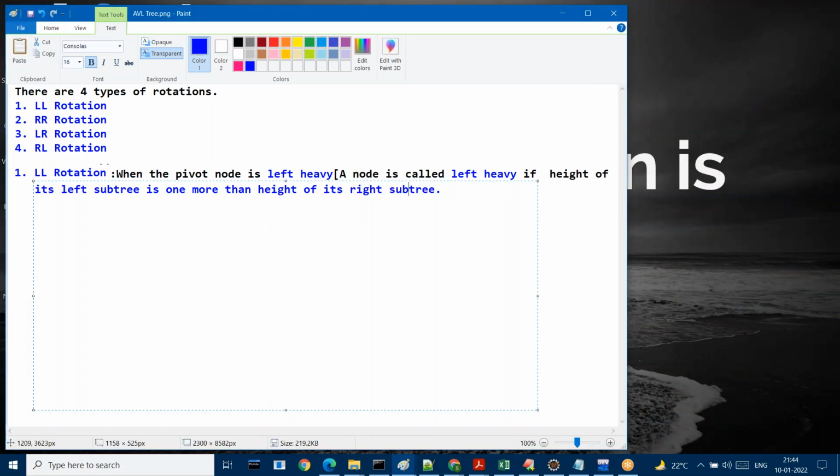That is called left heavy. Simple, sir. Height of its left subtree is one more than height of its right subtree. That is called left heavy.